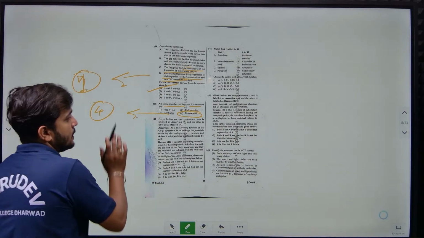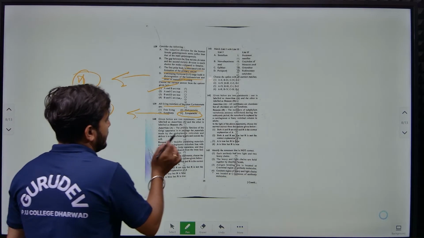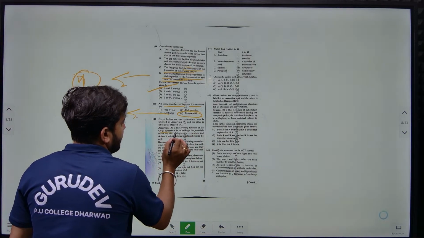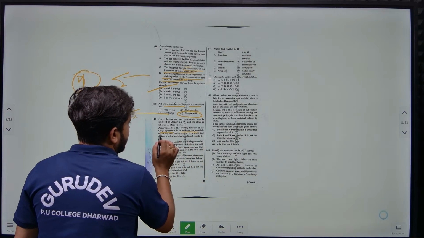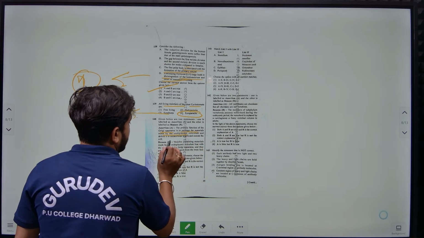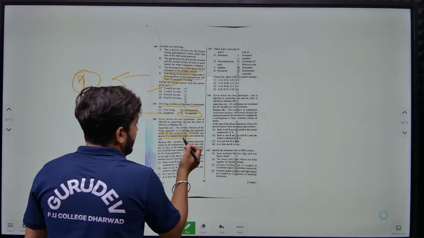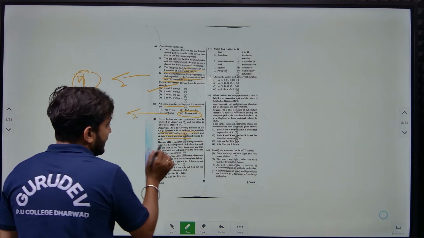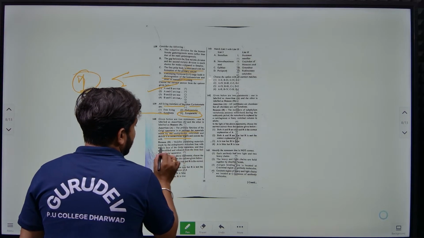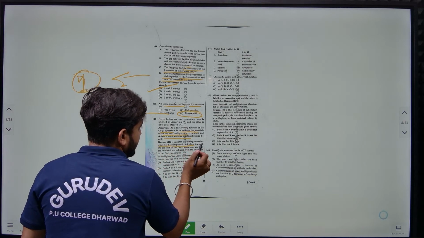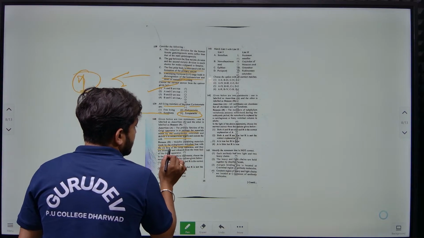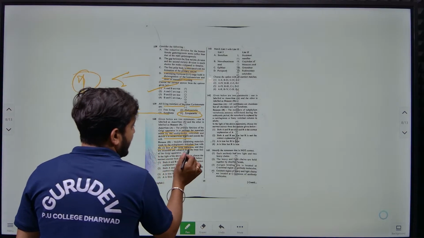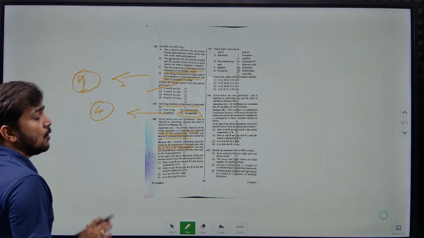Then moving on to the next, 140th question. Here assertion and reason are mentioned. The primary function of the Golgi apparatus is to package the material made by the endoplasmic reticulum and deliver it to intracellular targets and outside the cell. Reason: vesicles containing material made by the endoplasmic reticulum fuse with the cis face of the Golgi apparatus, and they are modified and released from the trans face of the Golgi apparatus.